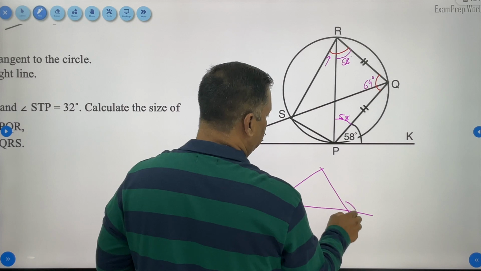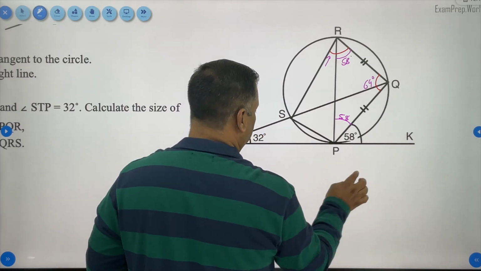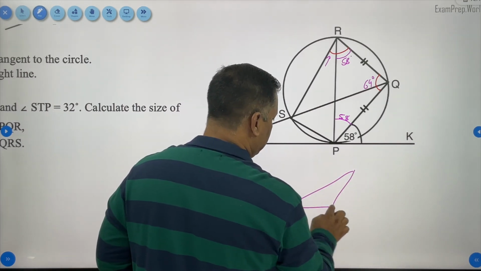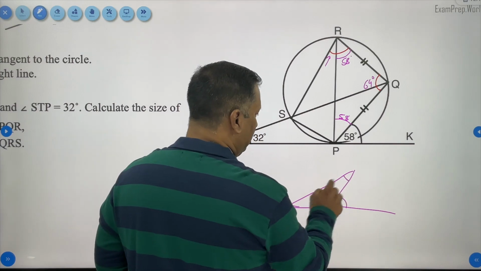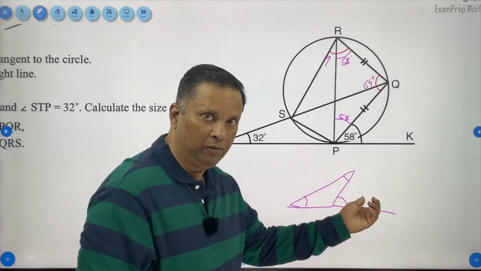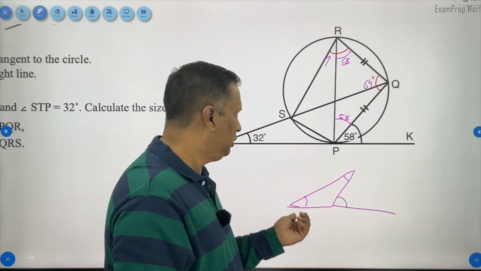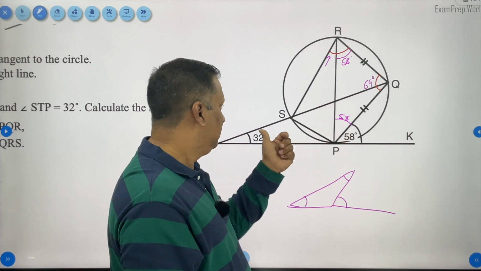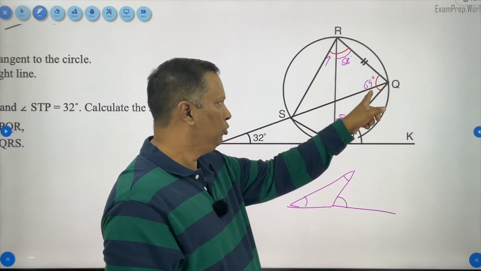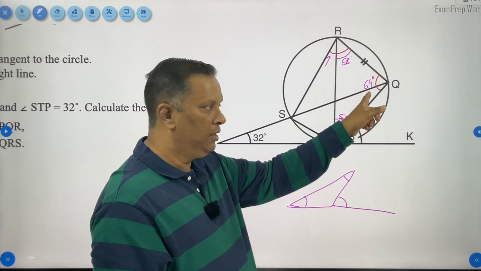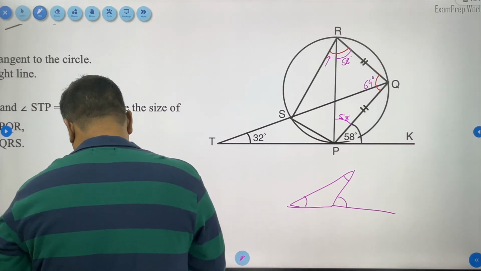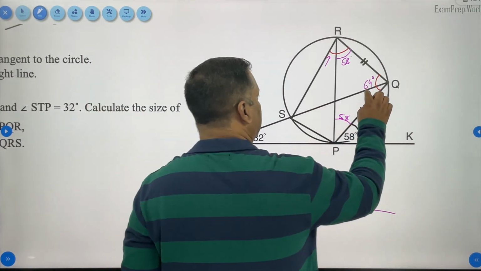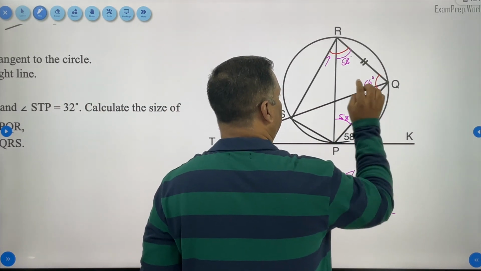This triangle is like this, right? This angle is sum of interior opposite angle. Exterior angle of a triangle is equal to sum of interior opposite angle. If this is 58, this is 32, then this has to be 58 minus 32. How much is that? 26. This angle is how much? 26.